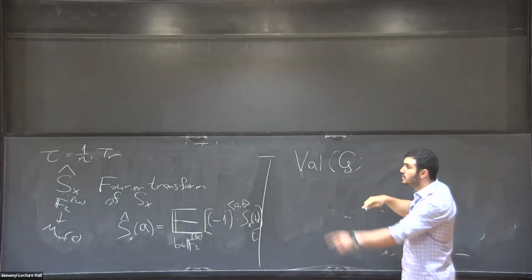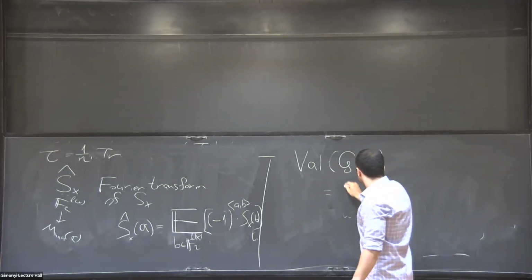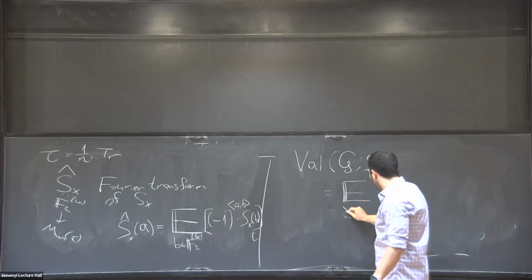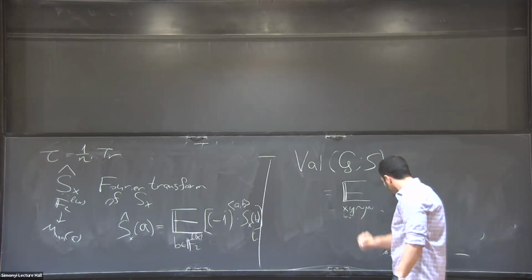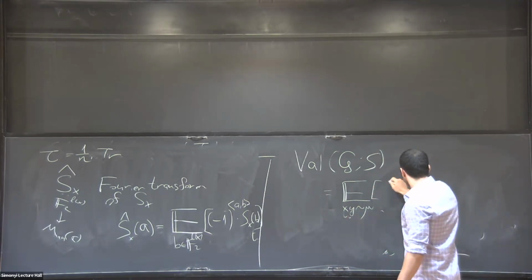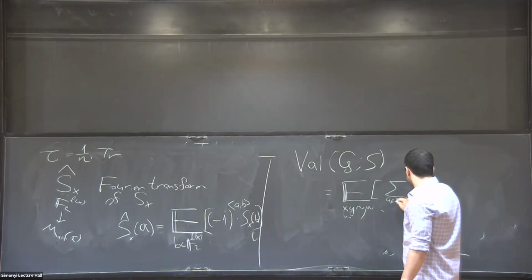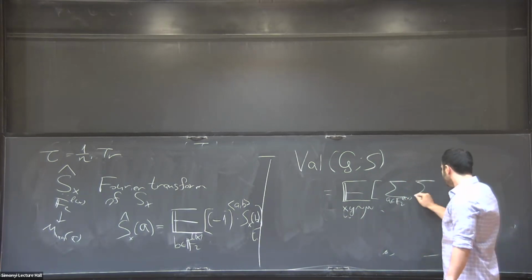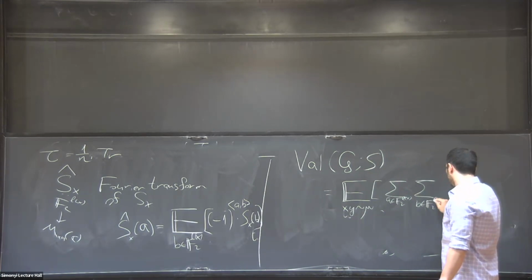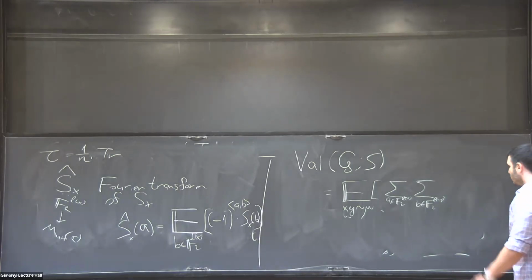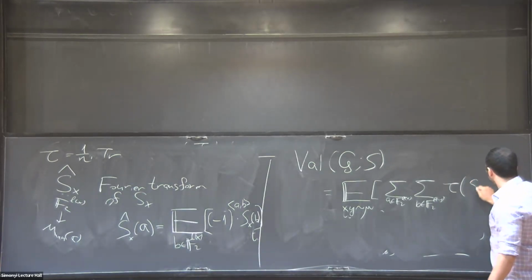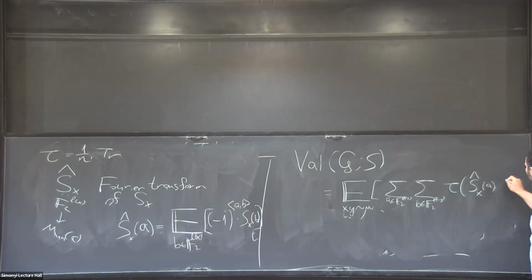The value of this game against the strategy S is just the expectation of sampling X, Y, and the edge according to mu, times the sum over all A in F2 L_X, B in F2 L_Y, of tau of S-hat_X^A S-hat_Y^B times the decision predicate d_XY(A, B).